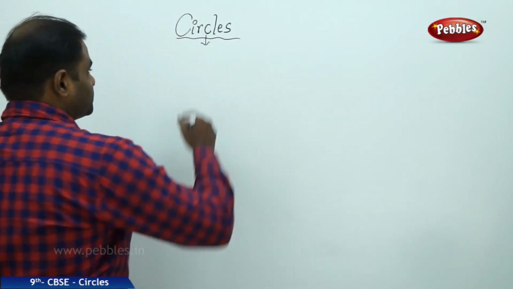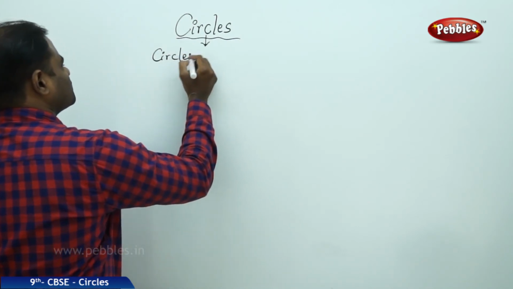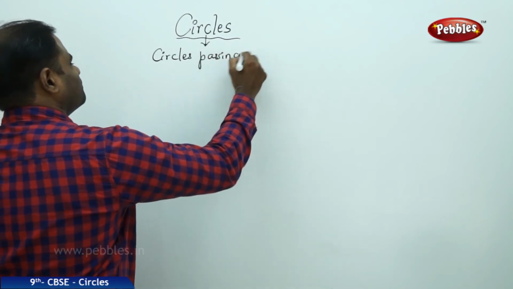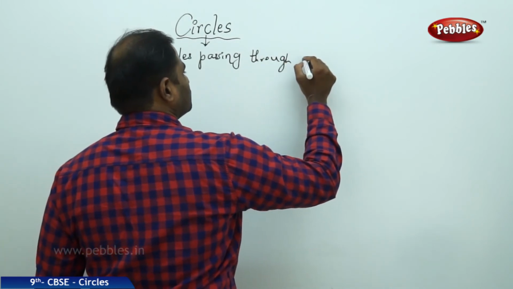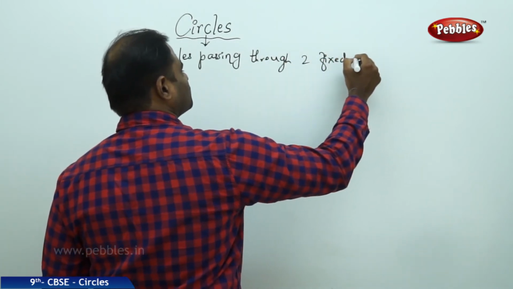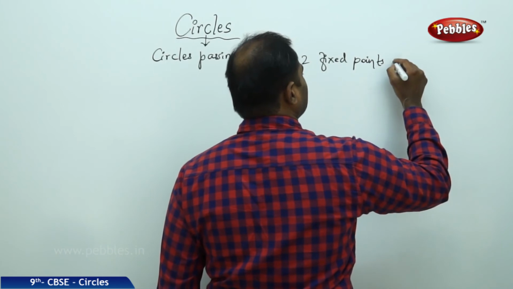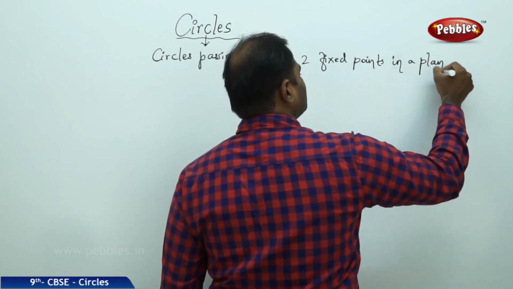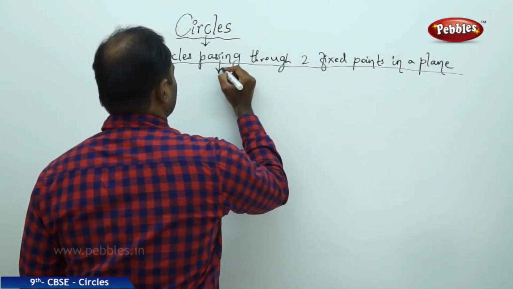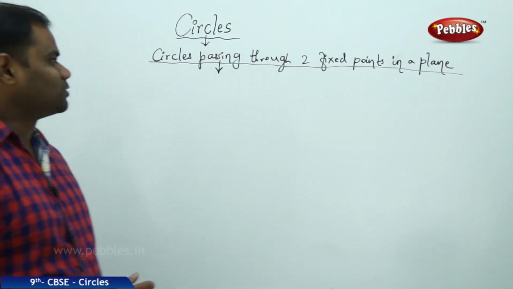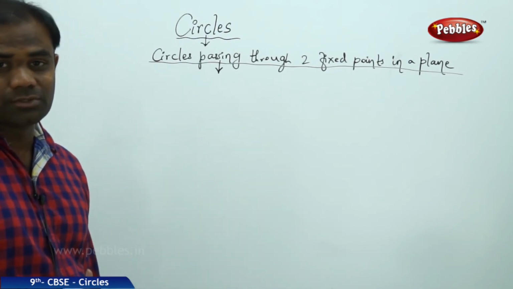So this session is connected with circles passing through 2 fixed points in a plane. Circles passing through 2 fixed points in a plane. So here let's investigate by taking 2 fixed points in the plane.